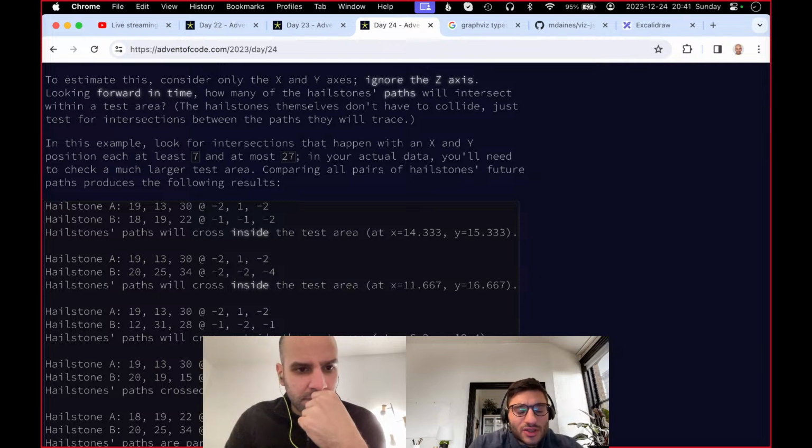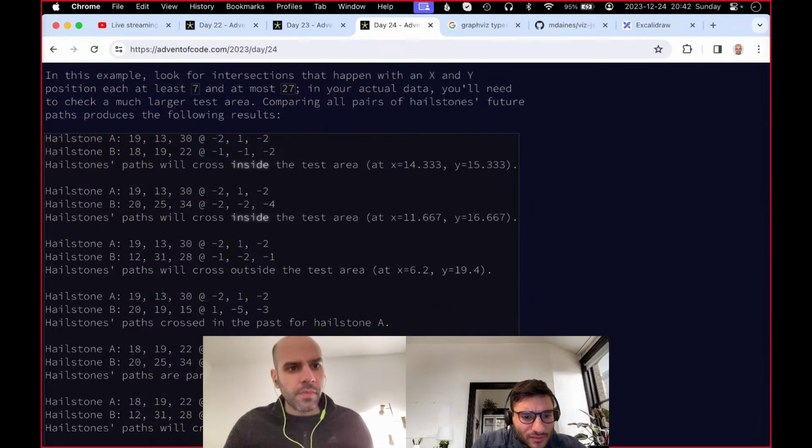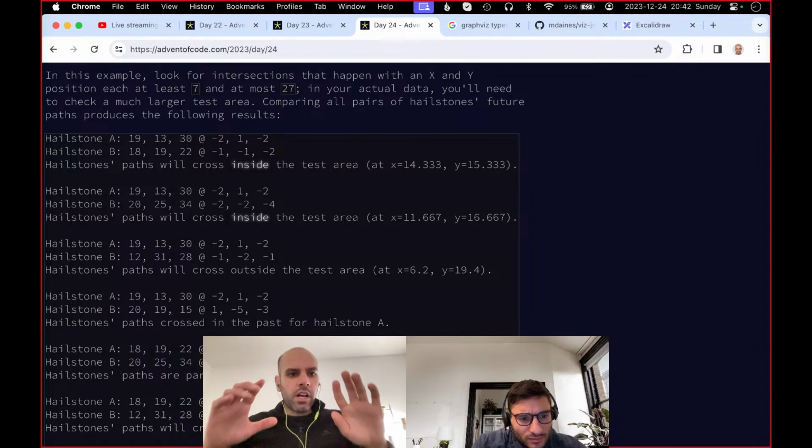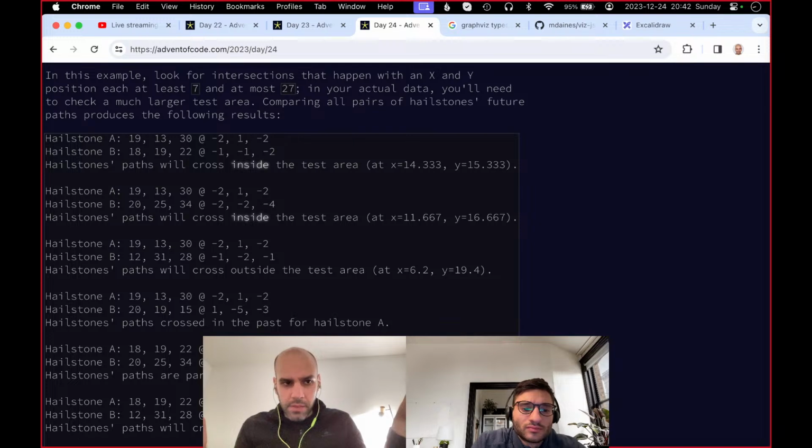So is it asking us how many will go through a certain x and y square, or how many will collide? I suppose each of the hailstones is one dot in one direction. So they are describing a line on the Cartesian plane.